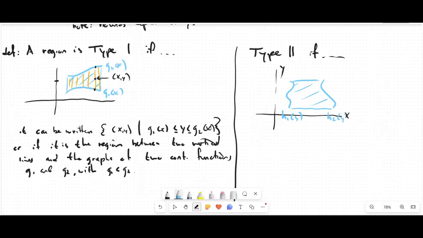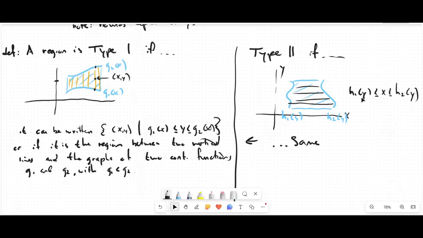This is h2 of y. Dot, dot, dot, same. It's the same as everything over here, except that we have h1 of y less than or equal to x less than or equal to h2 of y. So now it's all the points between these two graphs and two horizontal lines.